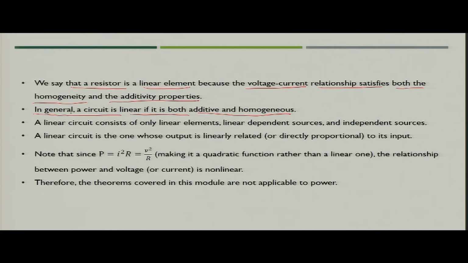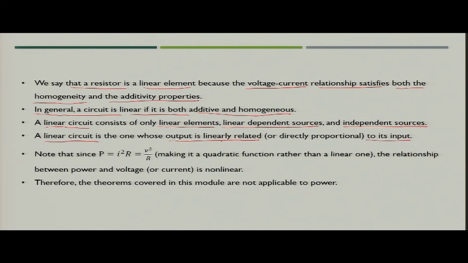Now, what is a linear circuit? A linear circuit is a circuit which contains only linear elements, linear dependent sources and independent sources. So, in a linear circuit, the output is linearly related to its input.